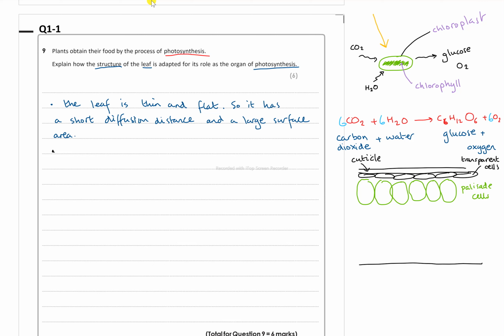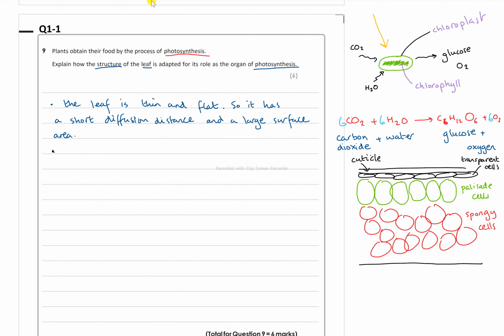Then you have the spongy cells, and they have air gaps in to allow diffusion to take place. So you have the spongy mesophyll cells, or the spongy cells.